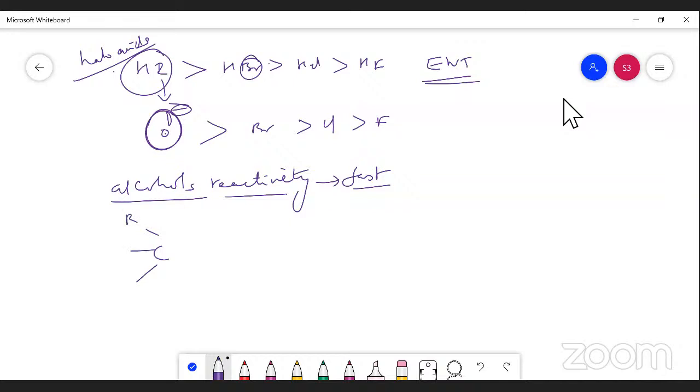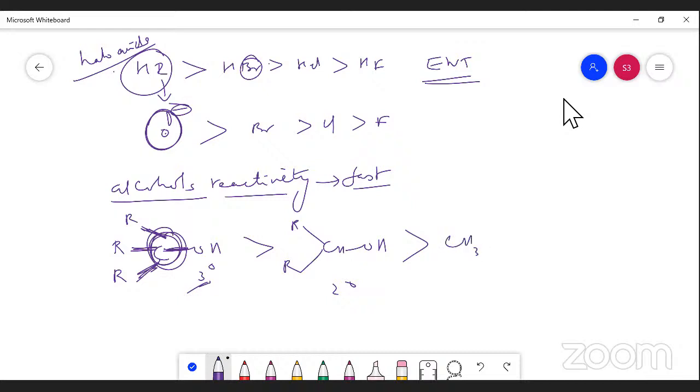That is R with OH. You see, carbon valence is 4: 1, 2, 3, 4. This is tertiary alcohol, shortly you can write tertiary. Then secondary alcohol, then primary alcohol.